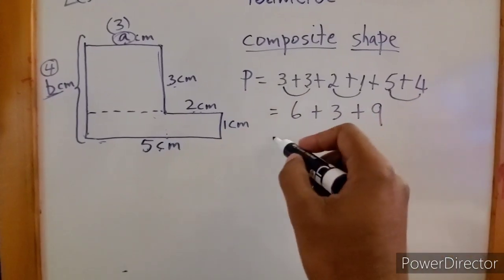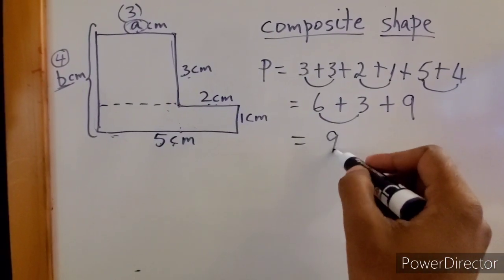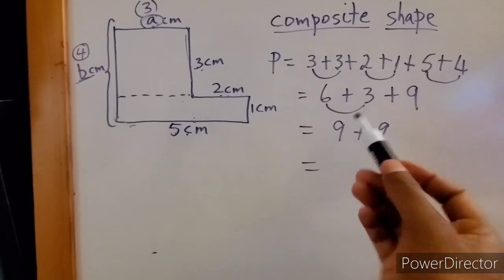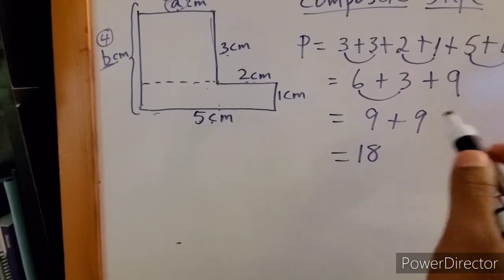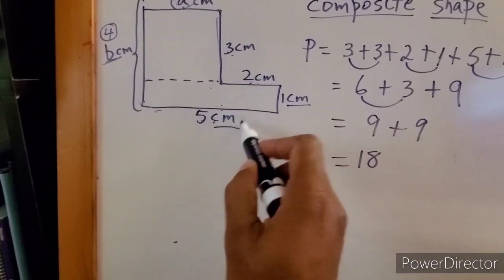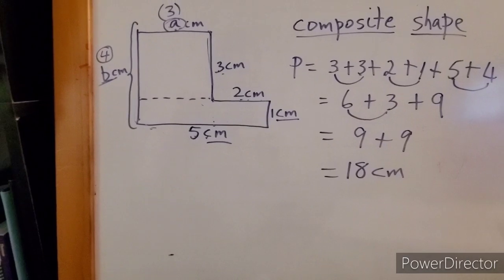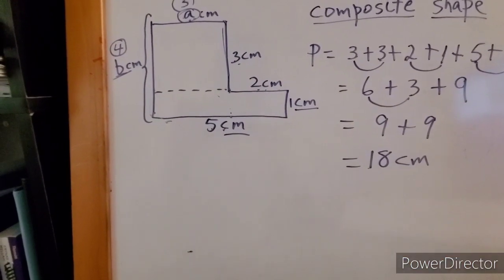Good job, guys. And then let's go ahead and add them all up. 6 plus 3 is 9 plus 9, and you know 2 9s already. Easy peasy. It's 18. What is the unit? The unit is centimeters. So our perimeter for the composite figure is 18 centimeters.